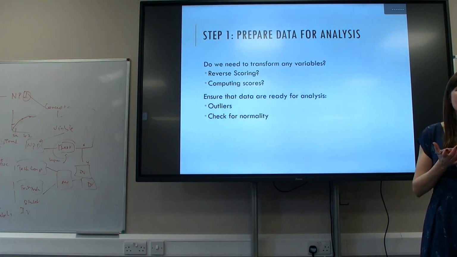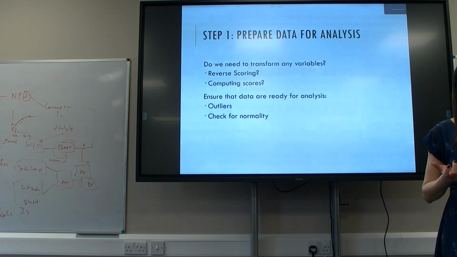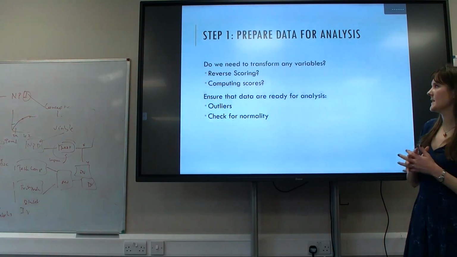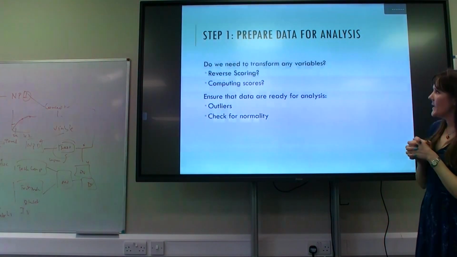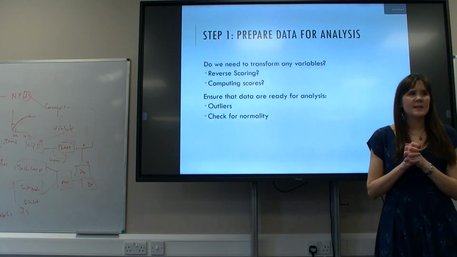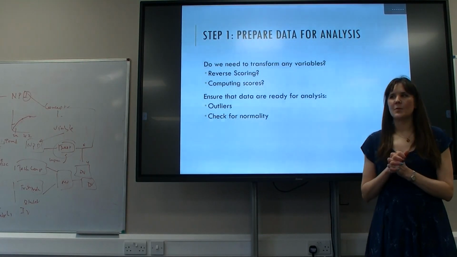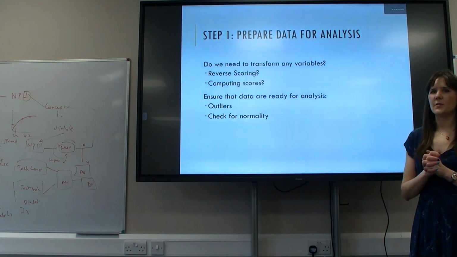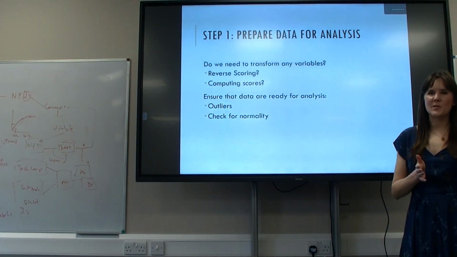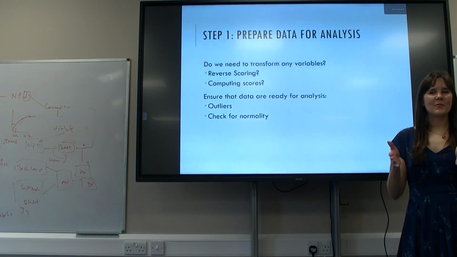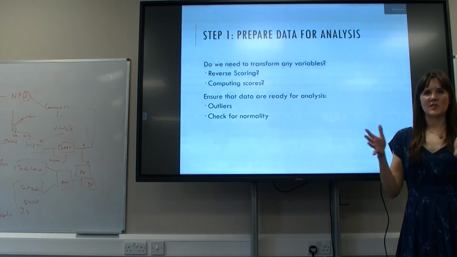Okay, the first thing we need to do is to check whether our data are actually ready for analysis. In this case, we don't need to transform any variables or compute any total score, because we've got a score for Asda Cola and we've got a score for Coca-Cola, and we're just going to compare them.